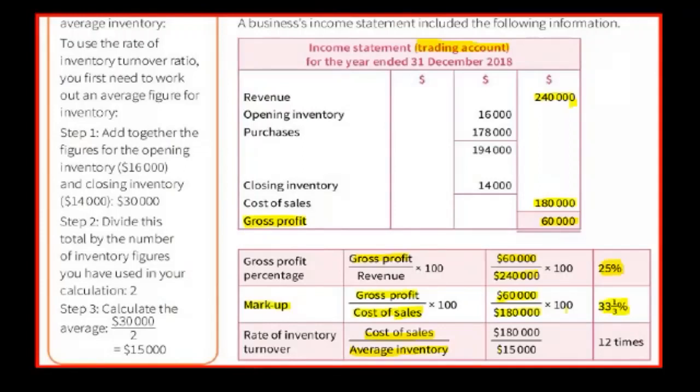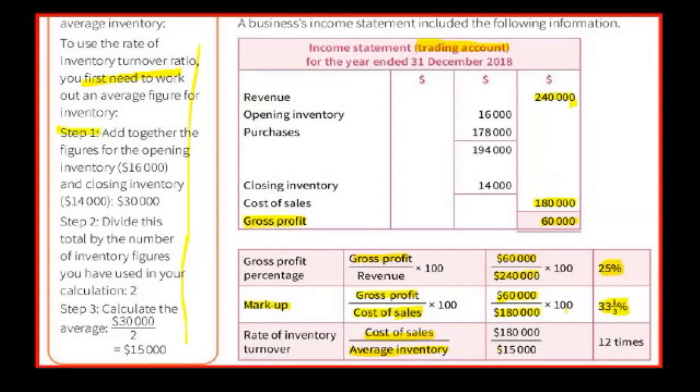Right, so on this side, we'll look at how we calculate the rate of turnover. To use the rate of inventory turnover ratio, you first need to work out an average figure for the inventory.